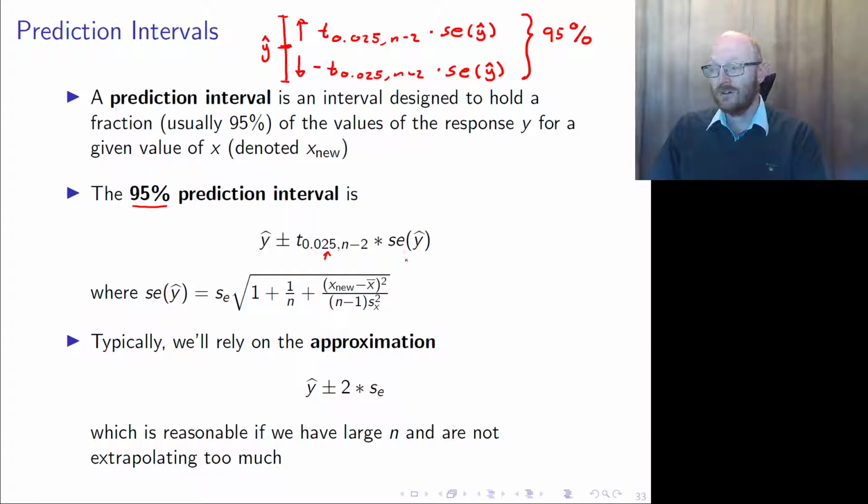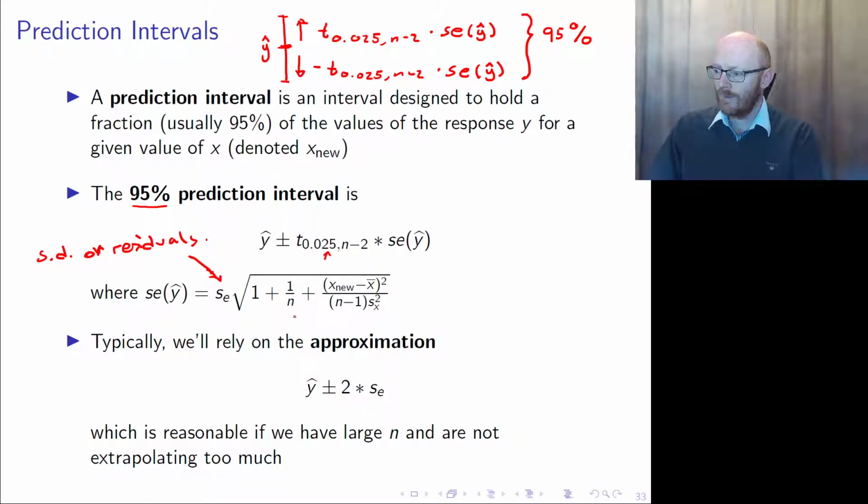But the standard error of the y hat is a function of the s_e, which is the standard deviation of the residuals, and times this square root, which makes the standard deviation of residuals higher, because all the terms under the square root are positive.